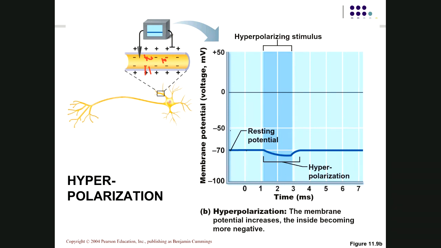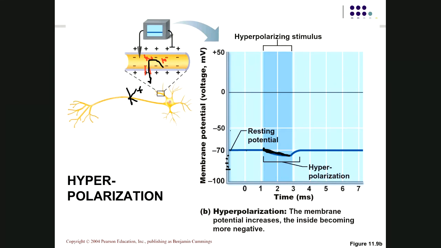So look, potassium also has a positive charge on it. And so if I take positive charges out, I'm going to make the inside more negative. It's going to go this way. And that's exactly what this graph does.